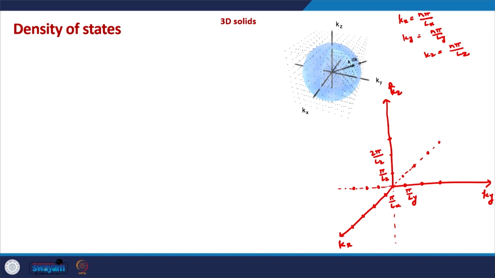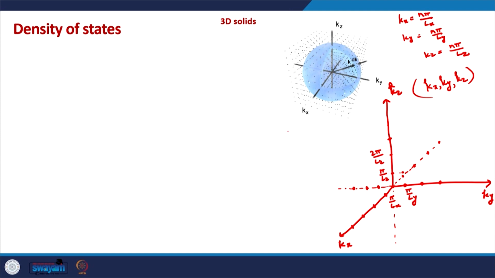Apart from these axis points, there can be any point in this 3D space. Any combination of allowed kx, ky, kz would be a valid solution for the Schrodinger equation.